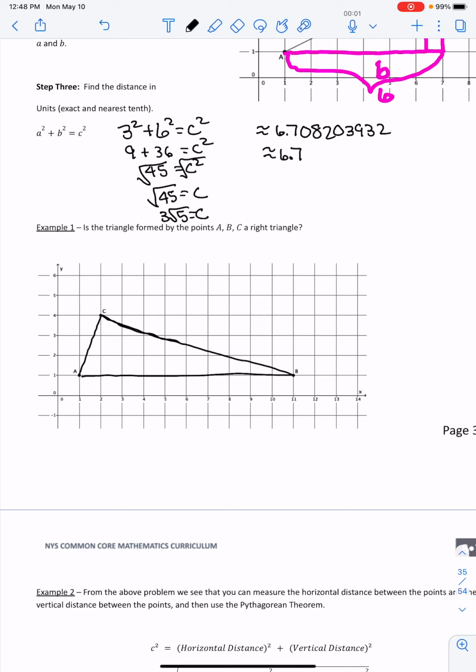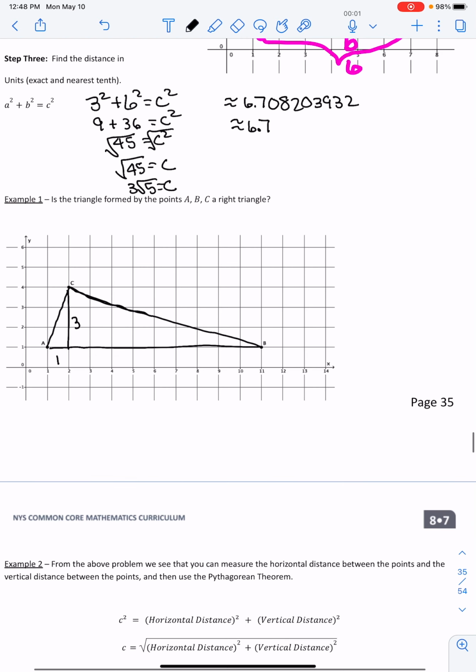All right, so when I connect these, the first thing I have to do, because it's not a solid triangle here, is draw a line down here. This is 1 and this is 3. So I am going to make this, figure out what this first triangle is, and make sure that that is a right triangle.